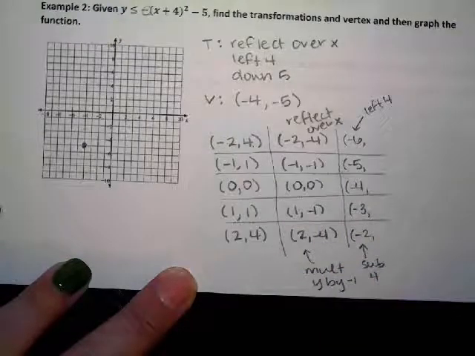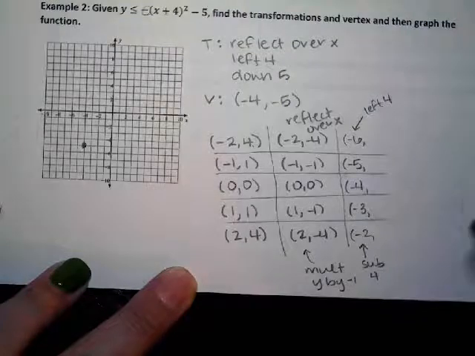And then how do we go down 5? Okay, subtract 5 from the y coordinate.